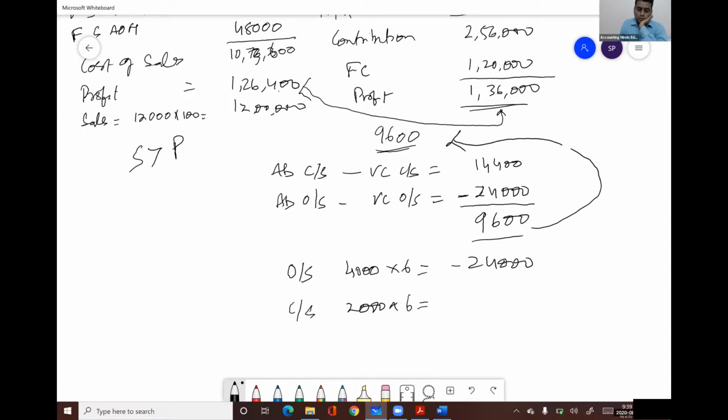Difference in closing stock. Closing stock was how much? What was the closing stock? 6 rupees, is it?